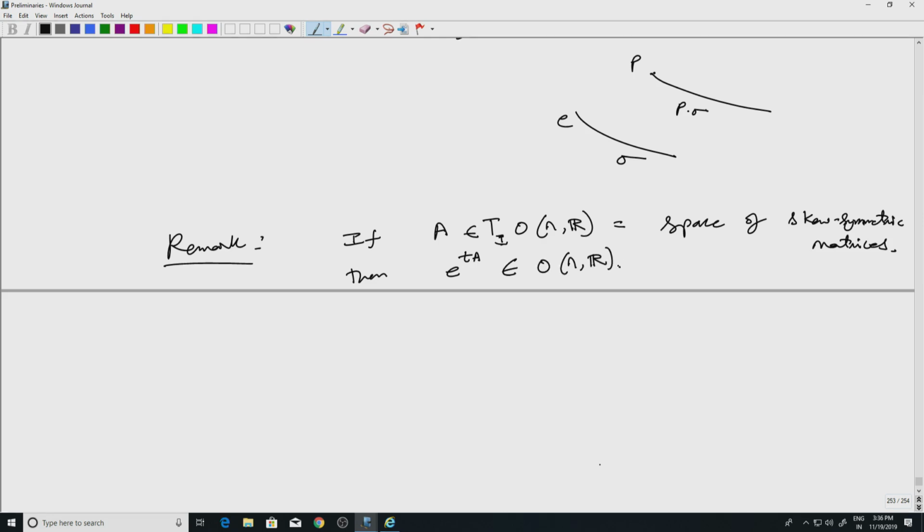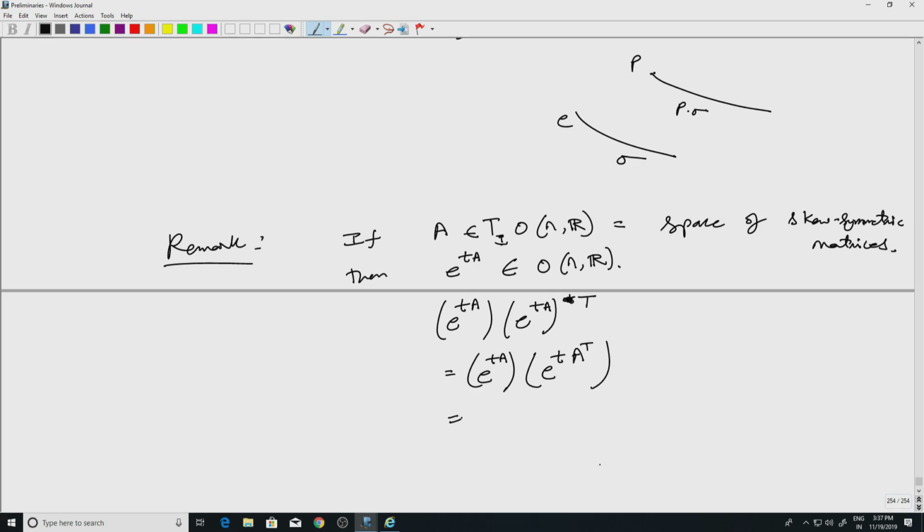And the same thing with SLnR. The reason is, I can directly check e to the power tA times e to the power tA transpose. Oh, I can't use the small t anymore, I'll use capital T for transpose. Now, the way the exponential has been defined, I can take the transpose inside to the exponent, and I get e to the tA transpose.